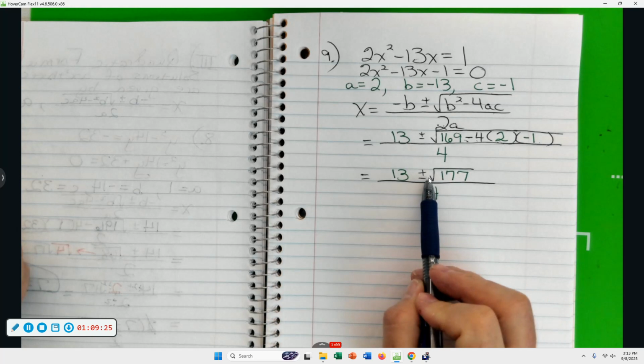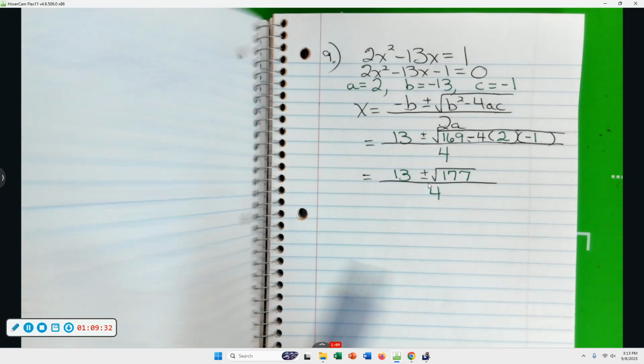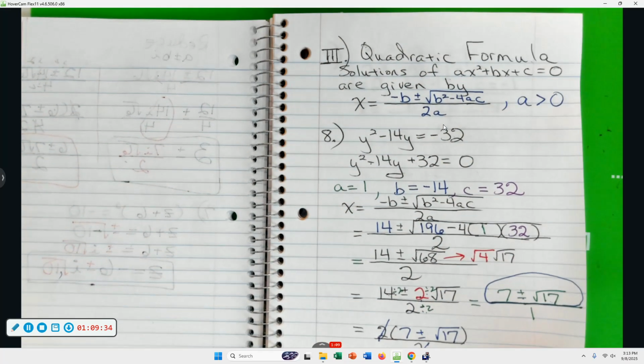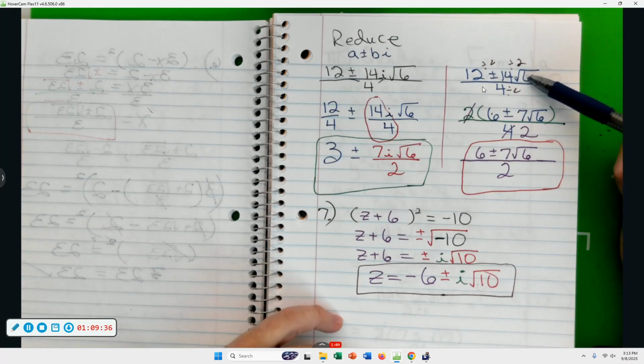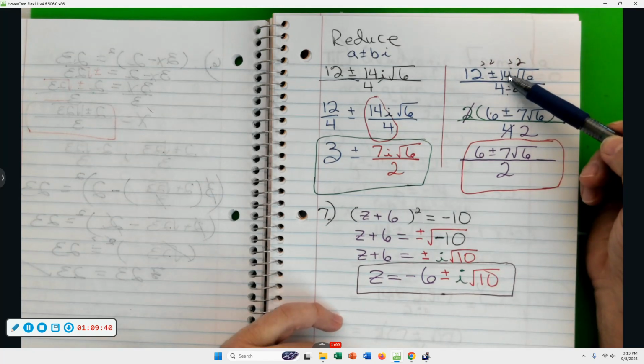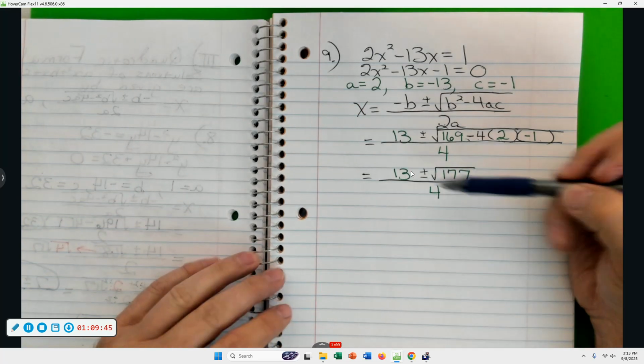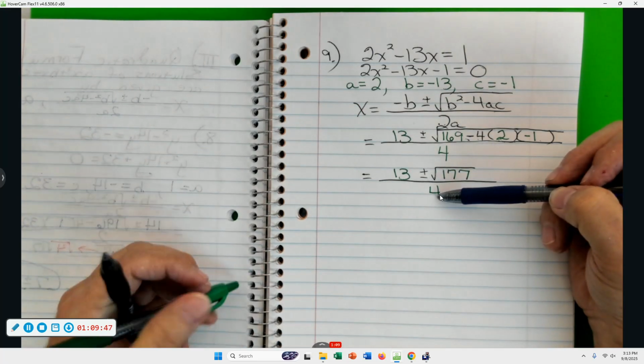If you don't have a number there in front of that radical, then remember, to do that method of reduction, since we don't have an i, you have to have a number in front of that square root. If you don't have a number there, 13 and 4, the only thing that divides evenly is 1.